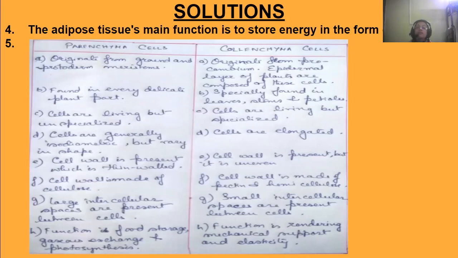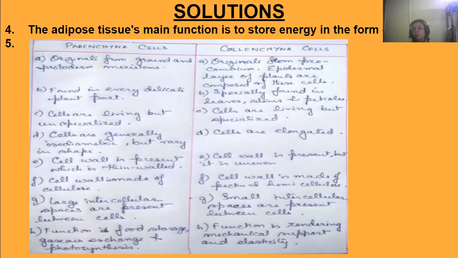Then the cell wall of the parenchyma cells is present, and it is thin walled. In collenchyma, the cell wall is also present, but it is uneven, not continuous.